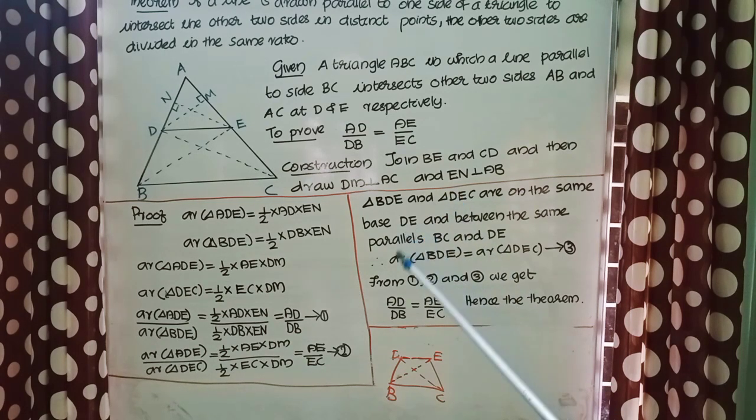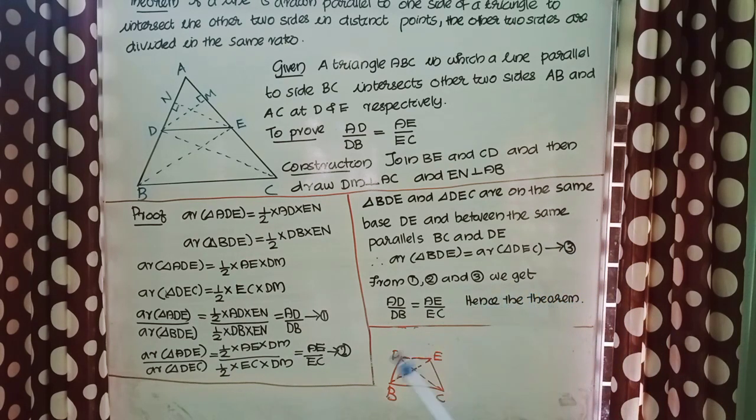Therefore, by the result you have studied in 9th standard, we can conclude their areas are equal. The triangle BDE and triangle DEC are on the same base DE and between the same parallels BC and DE. Therefore, area of triangle BDE equal to area of triangle DEC.